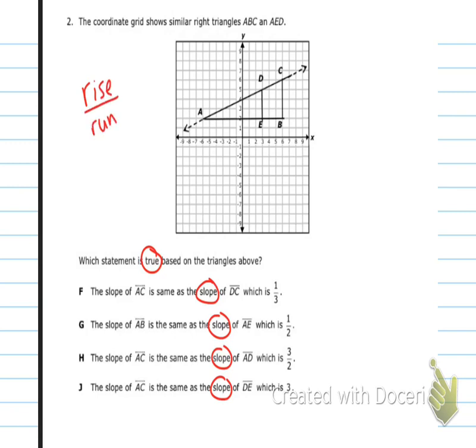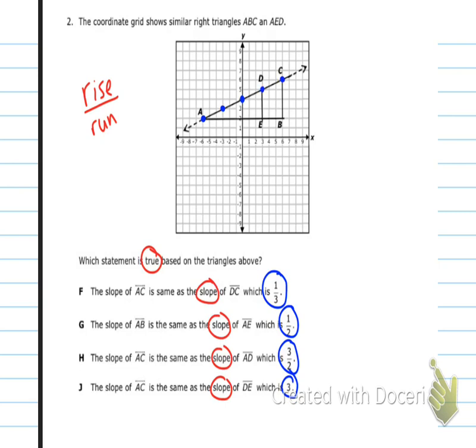Now, there's a lot of reading going on in this, so if you want to break it down, just go to the basic first. What is my slope? Because as far as the answer choices go, they're all different slopes. So if I can narrow down the slope, it should make it easier for me. Now, how do you find the slope? You get your perfect points. And when I say perfect, I mean any point that is on the line and the grid.